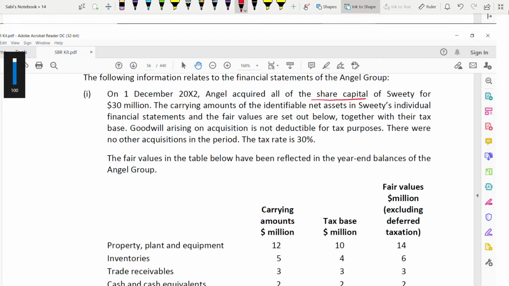For 30 million. The carrying amount of the identifiable net assets in the individual financial statements of the subsidiary are set out below, together with the tax base. Goodwill arising on the acquisition is not deductible for tax purposes. You cannot deduct this when you are taking goodwill on acquisition. There were no other acquisitions in the period, and the tax rate is 30%.